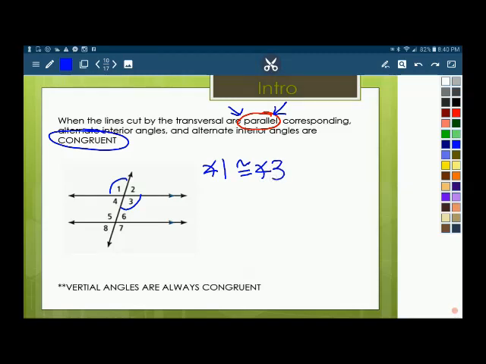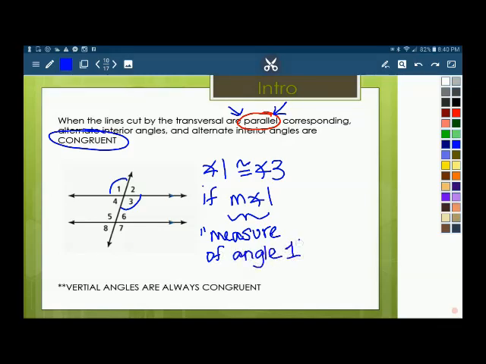What that would mean is if I said the measure of angle 1, which when I write a lowercase m like that, literally reads measure of angle 1, if the measure of angle 1 was equal to 30 degrees, well, then that would mean, since angle 1 is congruent to angle 3, that the measure of angle 3 would equal 30 degrees.